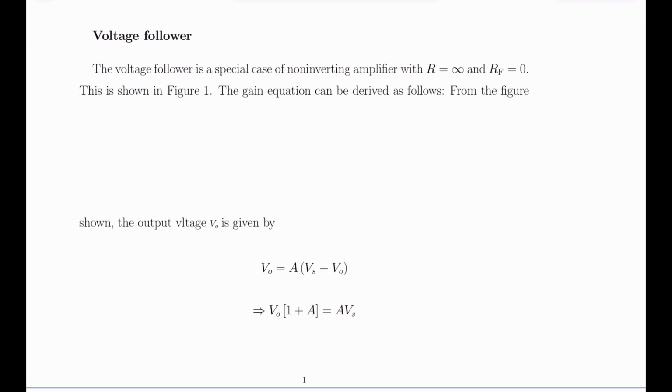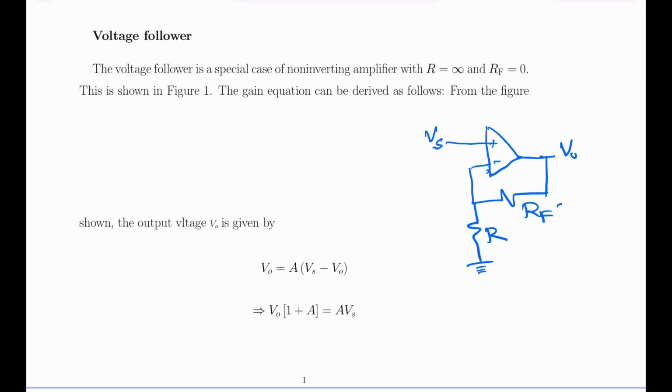We have seen a non-inverting amplifier before. So this is the circuit diagram of a non-inverting amplifier. This is your Vs, this is your resistor Rf, and this is resistor R. So this is your non-inverting amplifier.